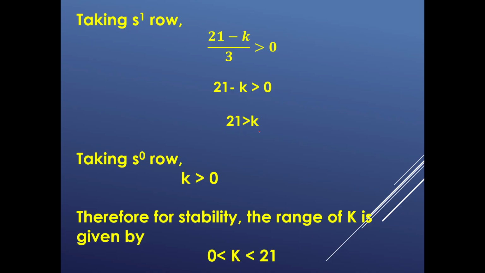K is less than 21 and greater than 0. So for the system to be stable, k should lie between 0 and 21. If the k value lies between 0 and 21, then we can say that the given system is a stable system. Okay, that is it.